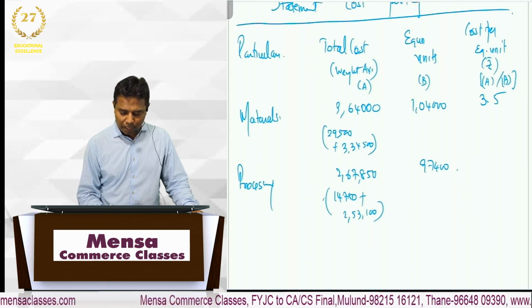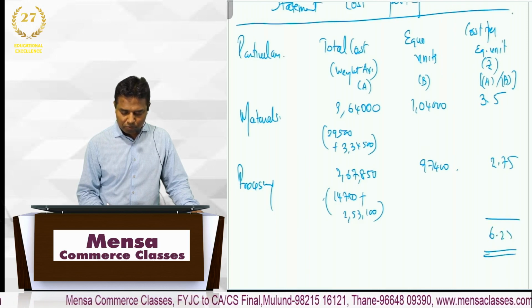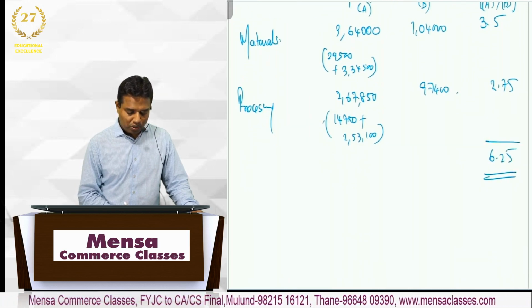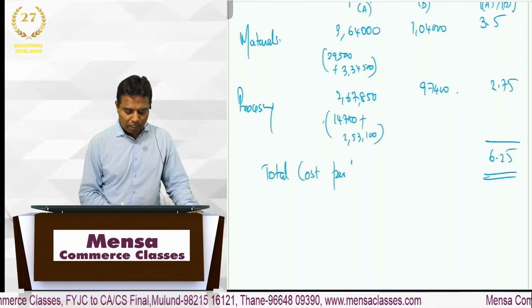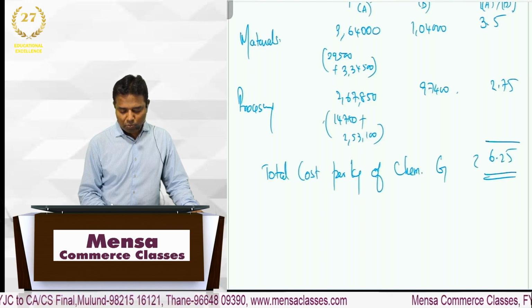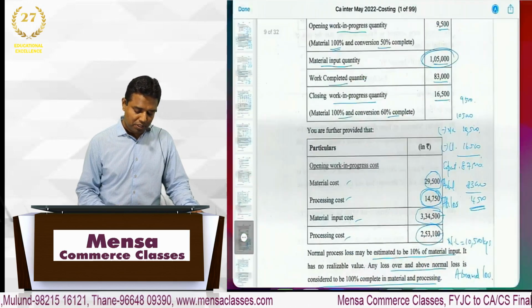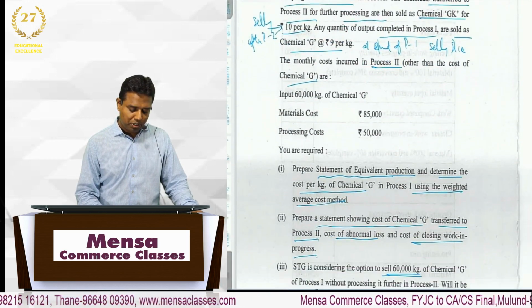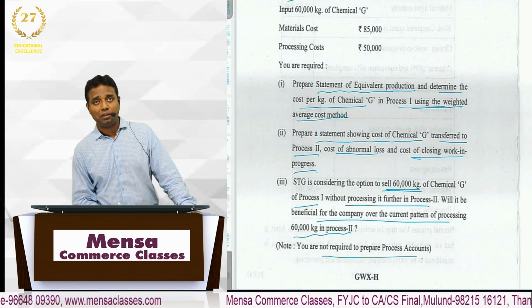So if you divide, that will come to 2.75. So total cost per kg of chemical G is rupees 6.25, right? Okay, so that finishes our sub question number 1. This is as per weighted average method.